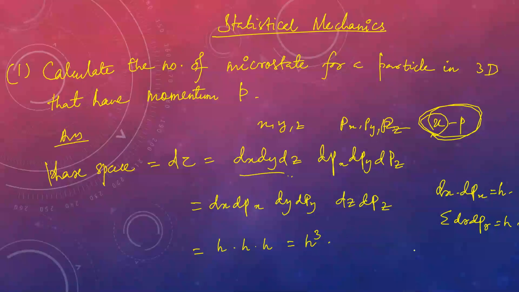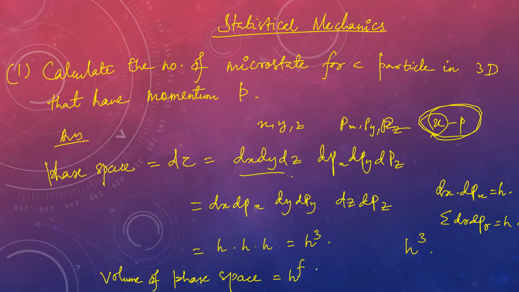That means the volume of phase space is h to the power f, where f is your degree of freedom. So volume is equal to h to the power f. I can write it as h to the power 3N, where N is the total number of particles.